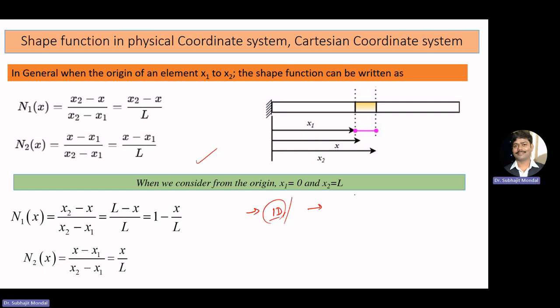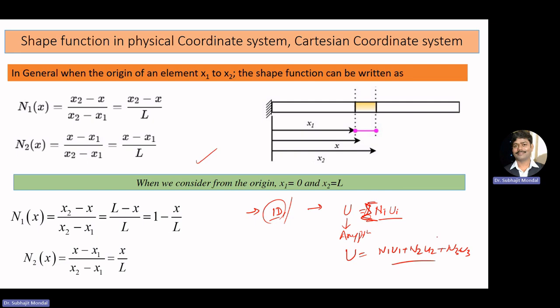Shape function is nothing but a displacement function or interpolation function which we use to interpolate the value within the element. Here u is the displacement at any point, which can be written as the sum of the Ni ui. Basically, the sum of the multiplication of shape functions and displacement values. u is equal to N1 u1 plus N2 u2 plus N3 u3, like that.